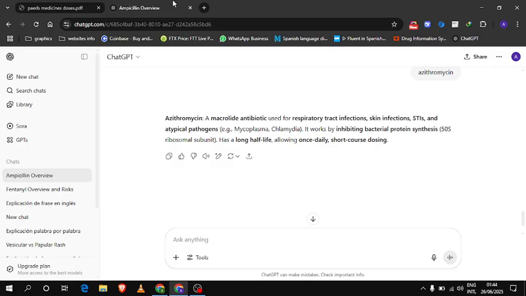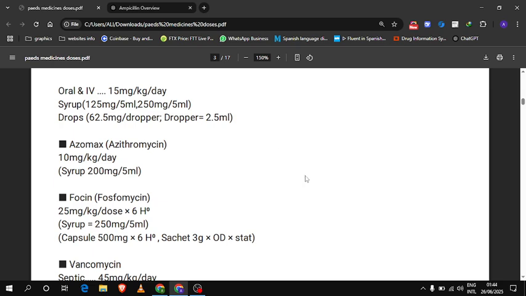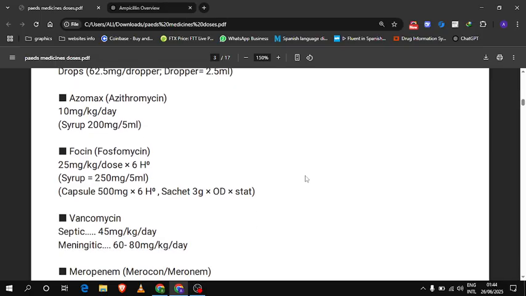It works by inhibiting bacterial protein synthesis, 50S ribosomal subunit. It has a long half-life, allowing once daily short course dosing. It is given OD. Let's check the dose. The dose is 10 mg per kg per day. The syrup formulation is 200 mg by 5 ml.